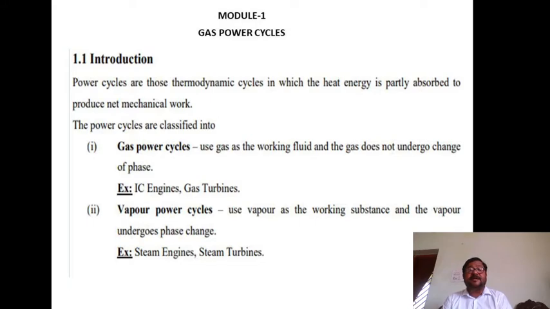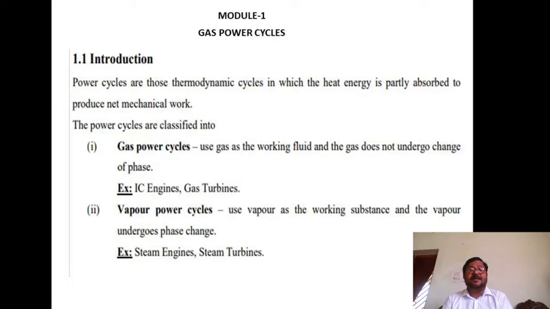In the gas power cycle, gas is the working fluid and the gas does not undergo change in phase. Means there is no change in phase of the gas. Examples, IC engines and gas turbines.